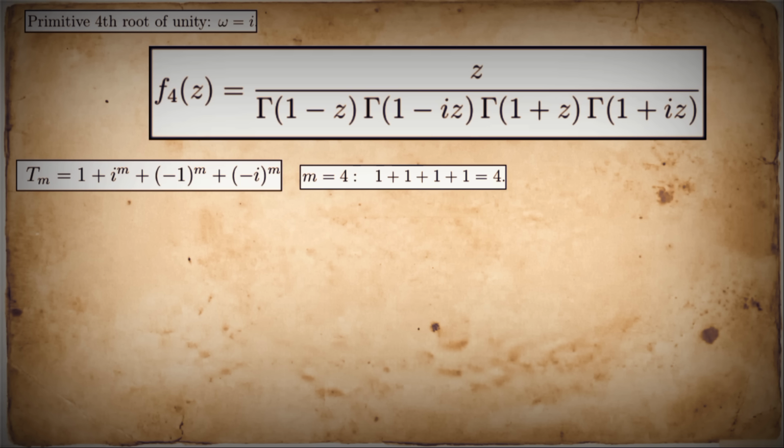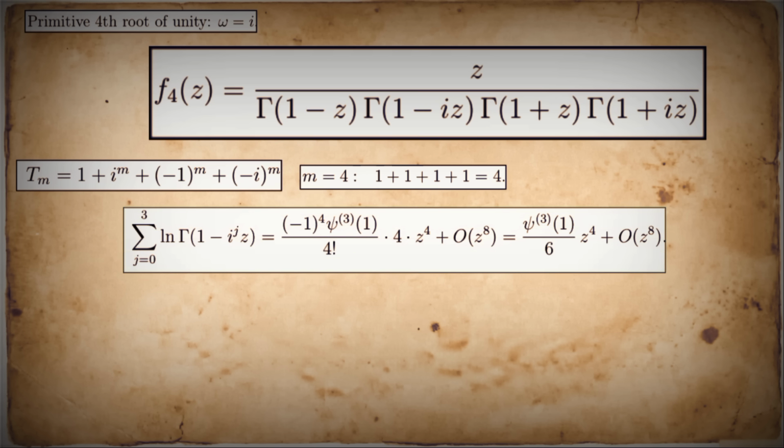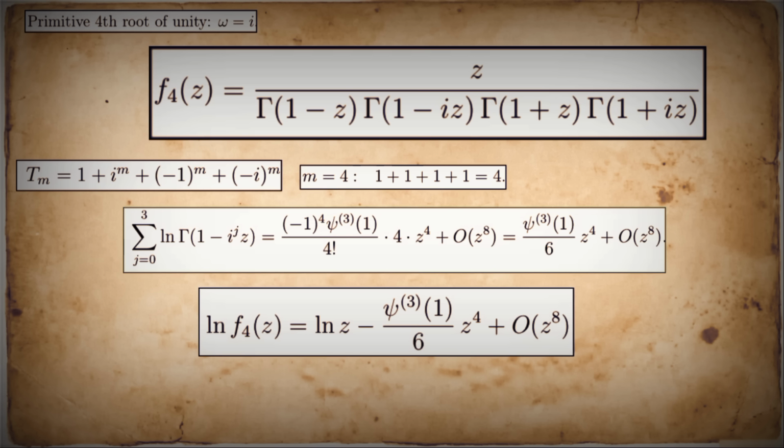For m equal to 1, 2, and 3, these sums are all 0 by cancellation. For m equal to 4, every term equals 1 and the sum is 4. So only degree 4 terms survive. Extracting the degree 4 term, multiplying by the factor of 4 from the filter, simplifying the factorials, the coefficient of z to the fourth in the combined logarithm involves the third-order polygamma at 1, with a coefficient of 1 over 6 after simplification.